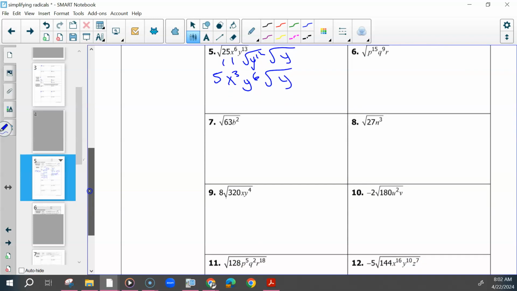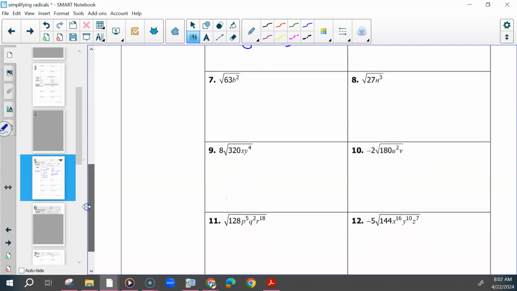Let's skip a few. Let's do some of these bigger ones. There's number 9. Perfect squares or breaking this down? Okay, so look at your perfect squares, see which one you could divide 320 by, the highest one. 12. 12 isn't a perfect square. What did you say? So use your calculator, start dividing by your perfect squares.